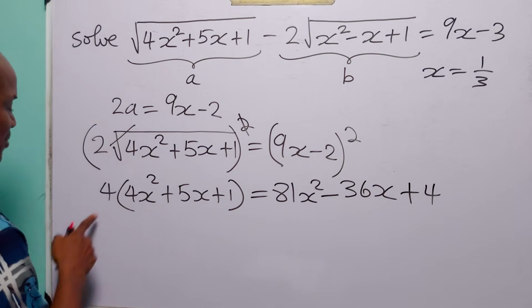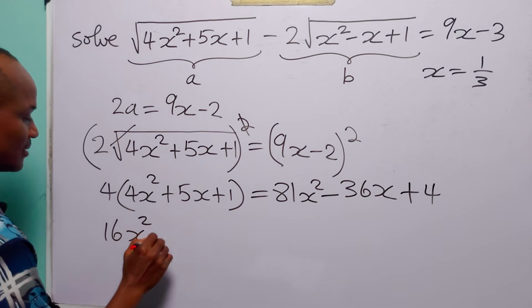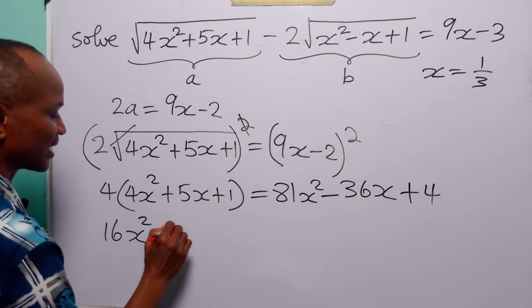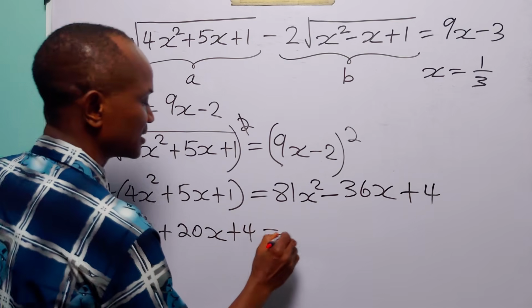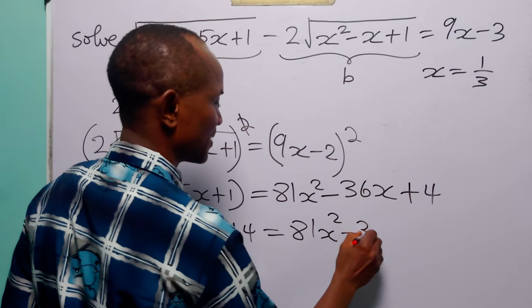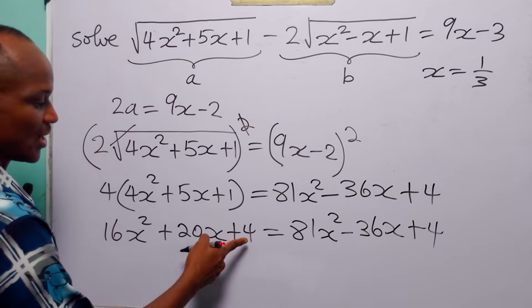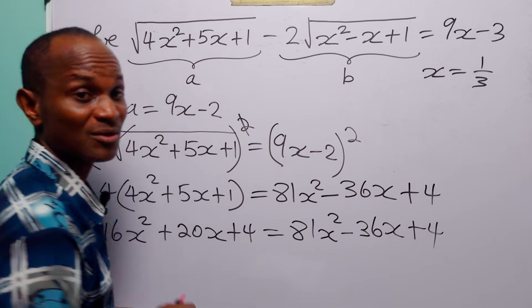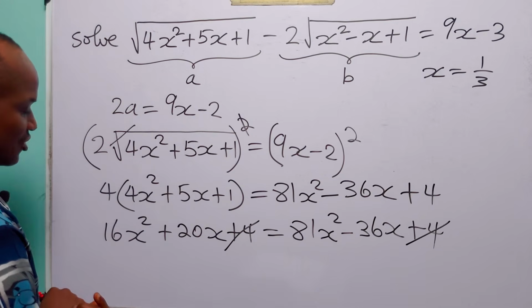Now, when we open this bracket, we have 4 times 4x squared, that is 16x squared. 4 times 5x is 20x, and 4 times 1 is 4. This is equal to 81x squared minus 36x plus 4. Now, we have plus 4 on both sides of this equation, so we can subtract 4 from both sides of the equation.